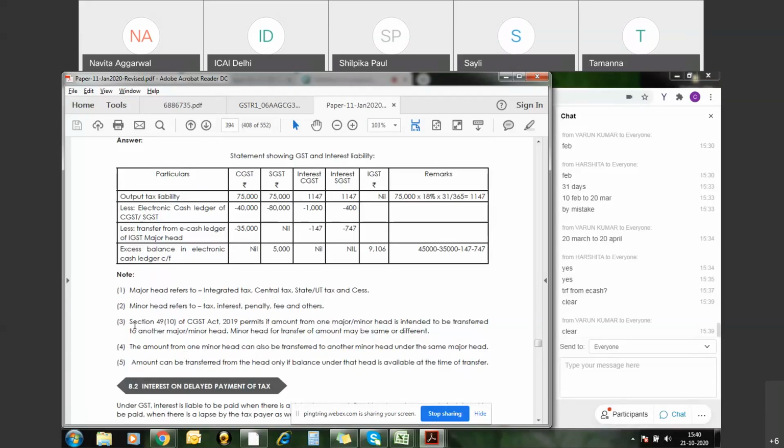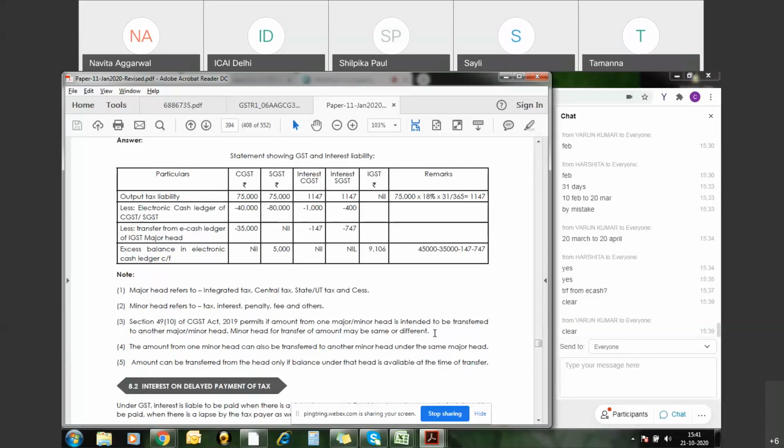Same major head means CGST or IGST; cross CGST and SGST cannot be utilized, but IGST can be transferred. And sub-section 10 of section 49 permits that if an amount from one major or minor head is intended to be transferred to another major or minor head, the transfer may be the same or different.